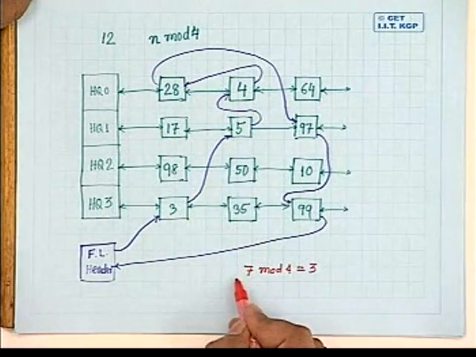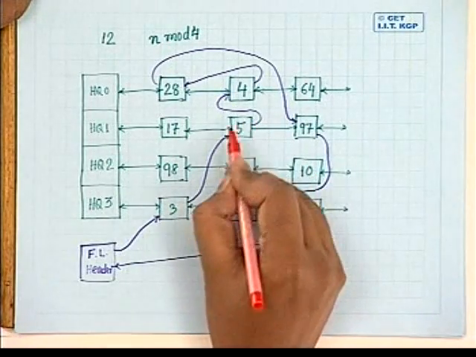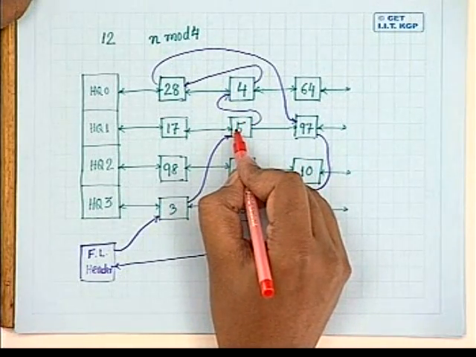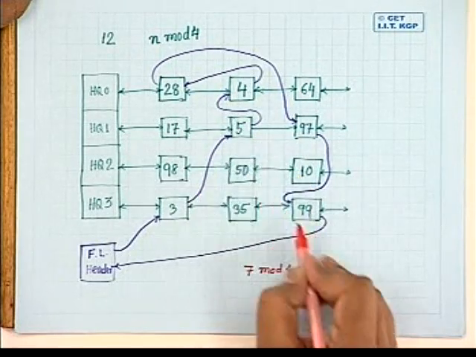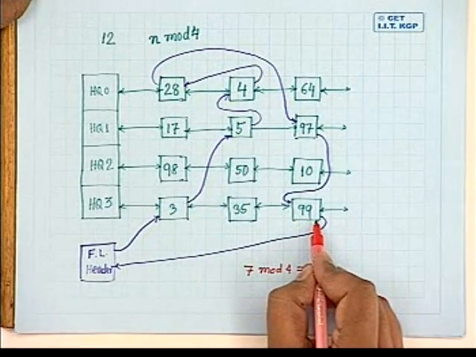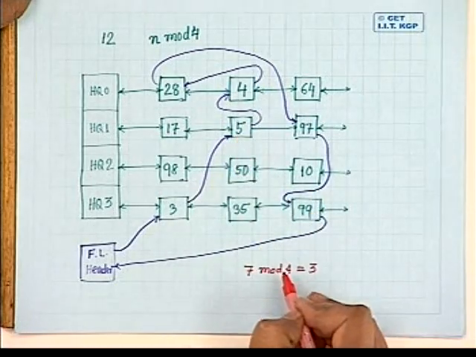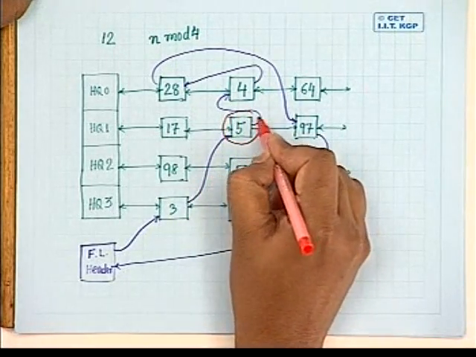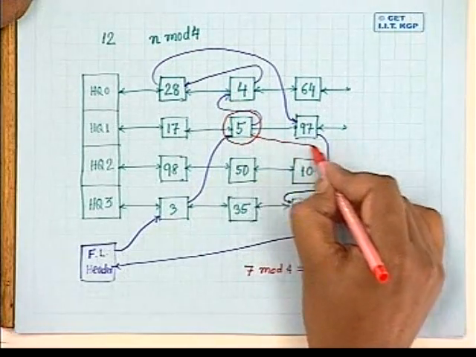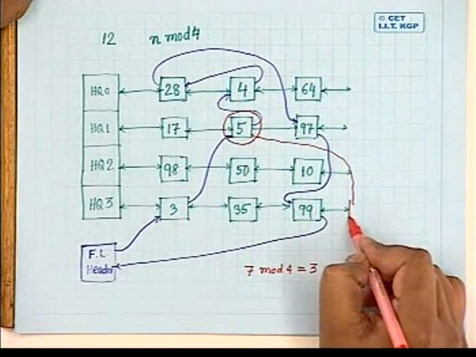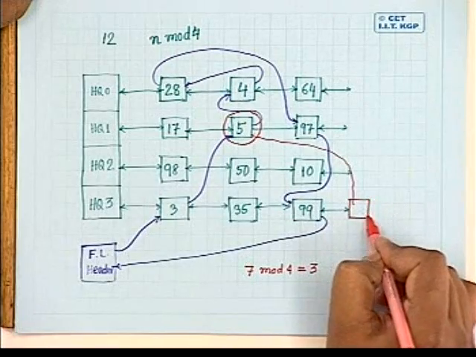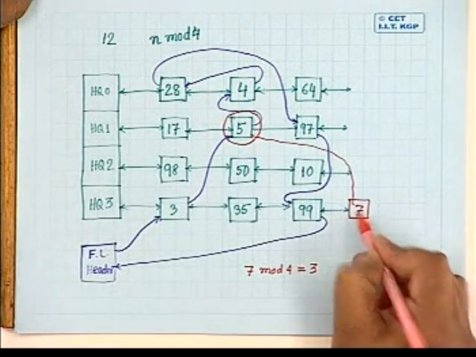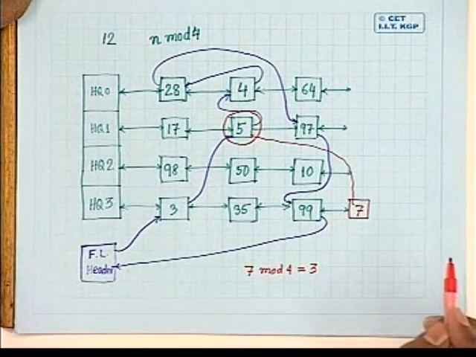But when block number 7 is placed into the buffer, it will not remain in hash queue 1, but has to reside in hash queue 3. Because it is recently used, it will come at the tail of hash queue 3, and it will contain block number 7.